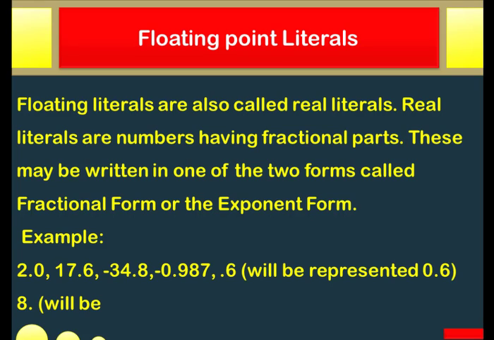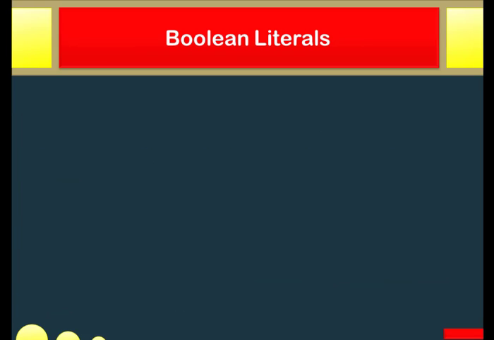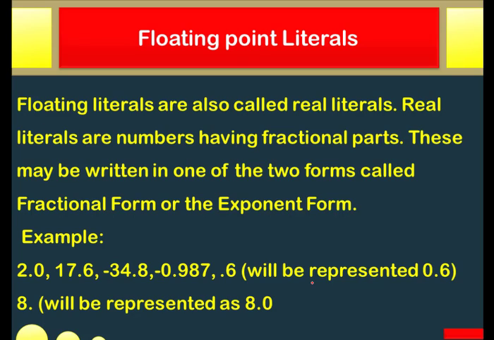Examples are 2.0, 17.06, -34.8, -0.987. If I write only .6, Python will take it as 0.6. If I write 8 point, it will be taken as 8.0. These we call floating point literals.